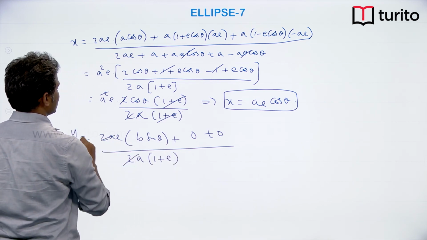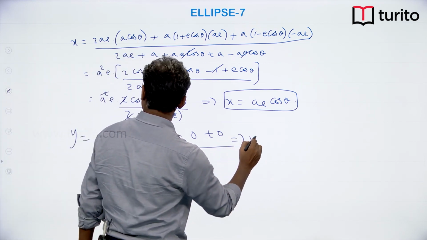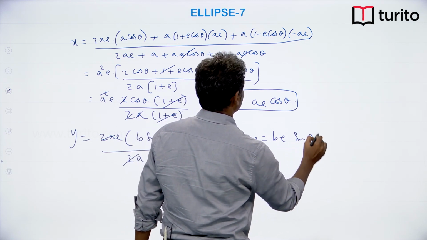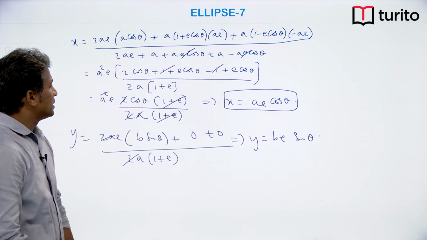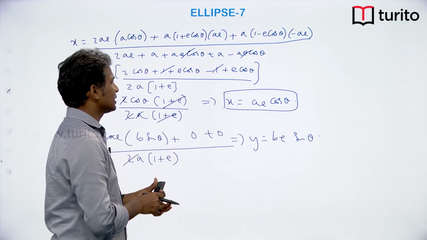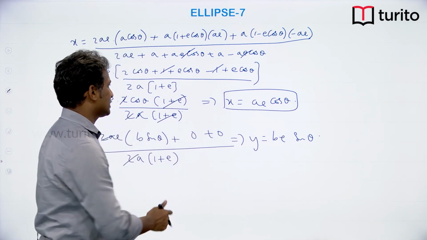So, 2A got cancelled here. So, we can straight away write y as BE sin theta. Okay. So, this means if I eliminate cos theta and sin theta, I can straight away get the equation of the required locus.